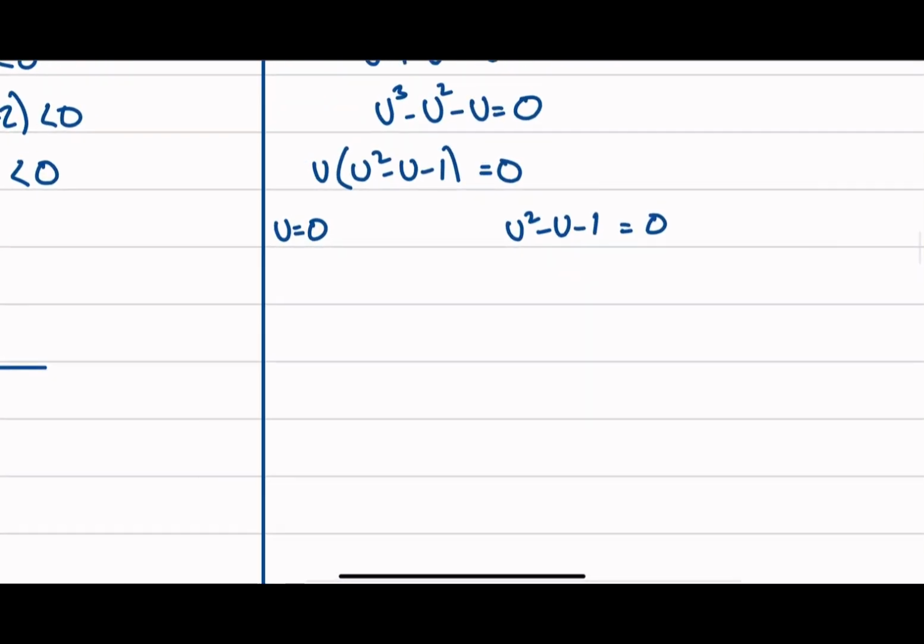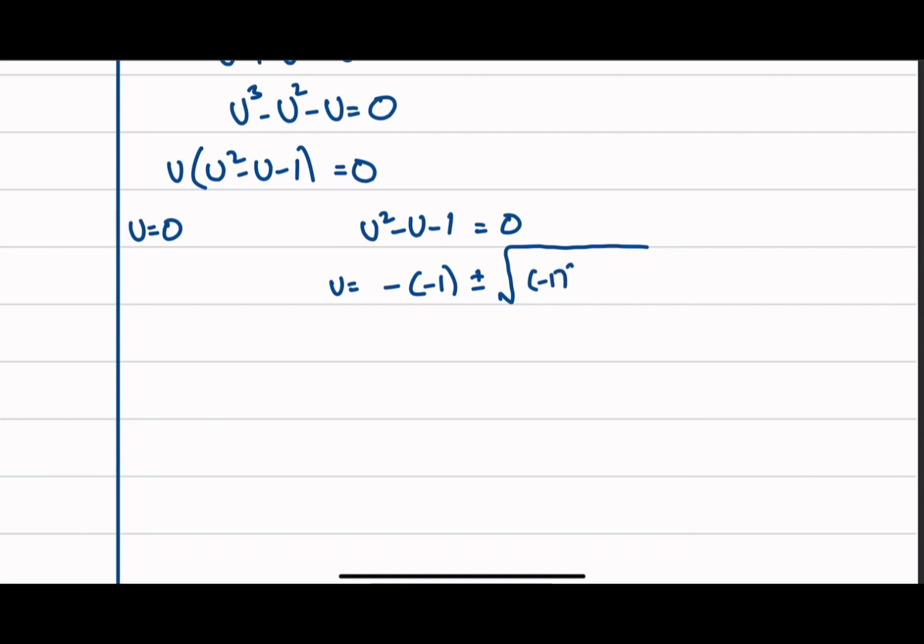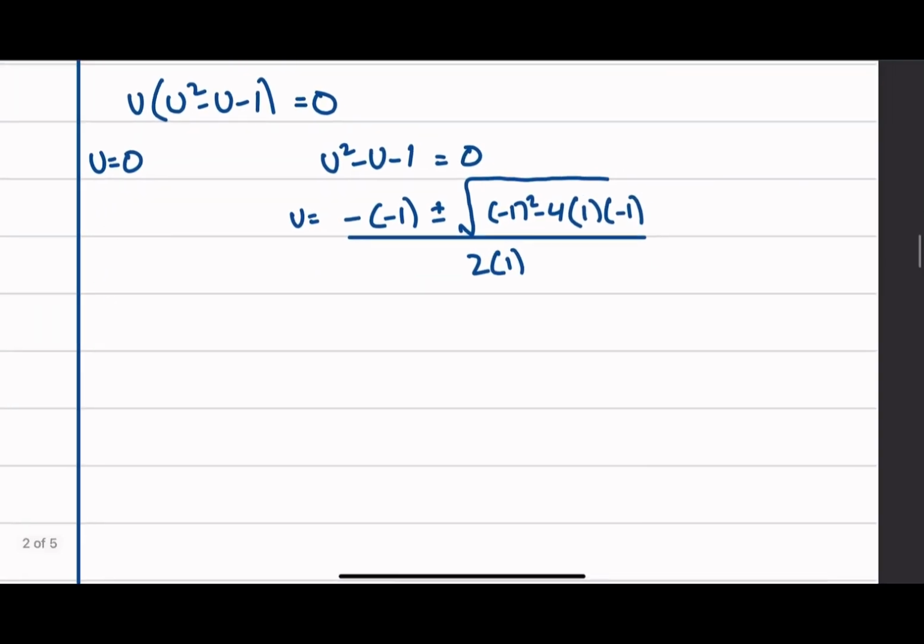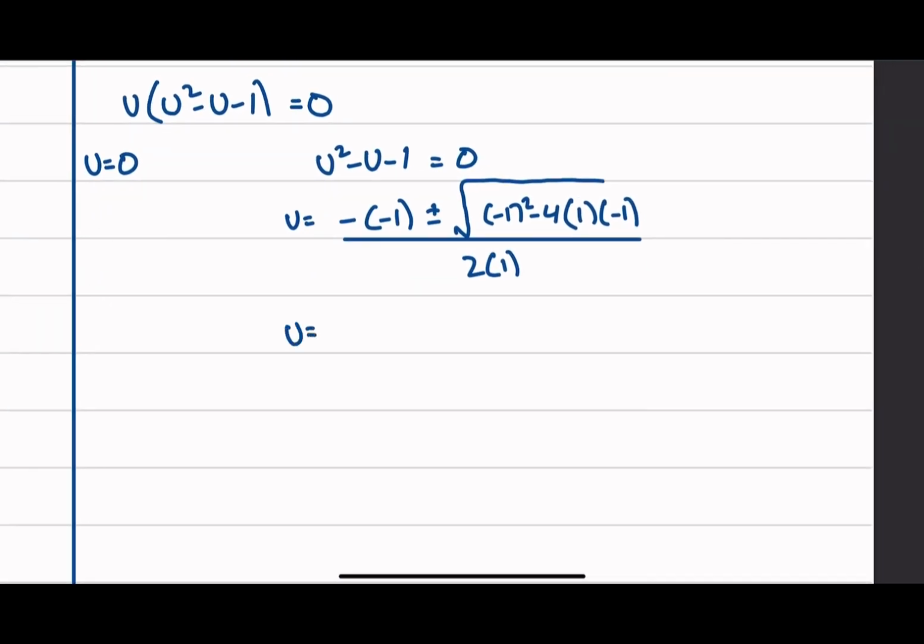Put this all into the quadratic formula, so u equals minus b, minus 1, plus minus under root minus 1 squared minus 4ac, whole upon 2a. So the answers I'll get from this are u equals 1 plus under root 5 over 2 and u equals 1 minus under root 5 over 2.